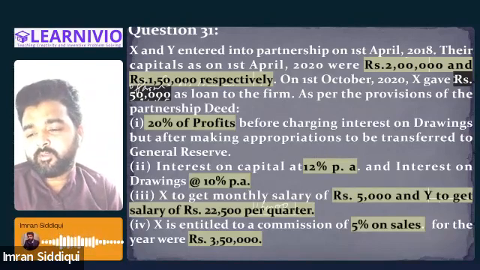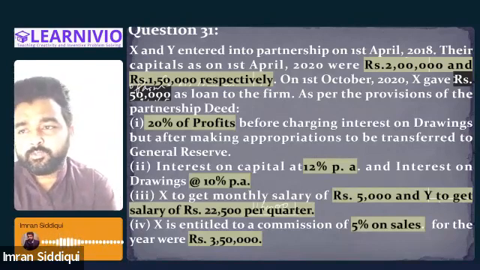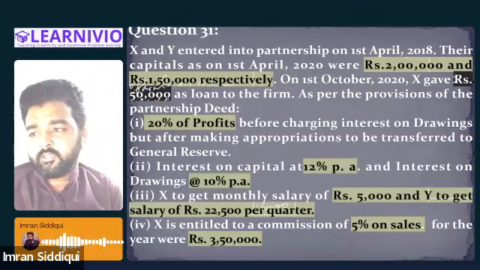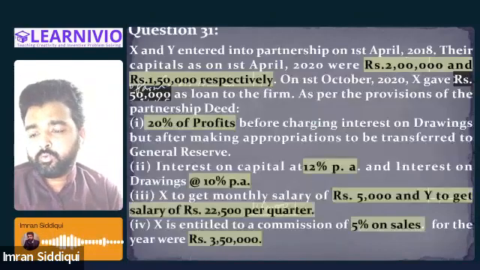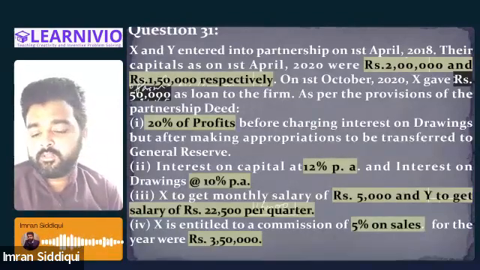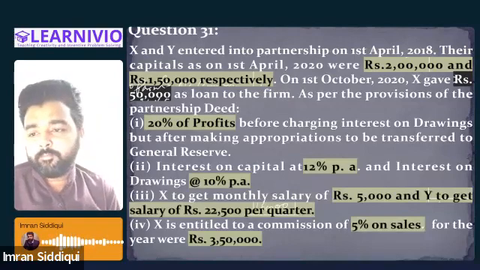Commission is to be provided at 5%, which is upon the sales value, also given as 3,50,000. So all this information is given. We need to prepare the P&L appropriation. So I hope you will be able to prepare the P&L appropriation for this question, Ratika and Vanisha. So if yes, kindly start preparing the P&L appropriation for this question.